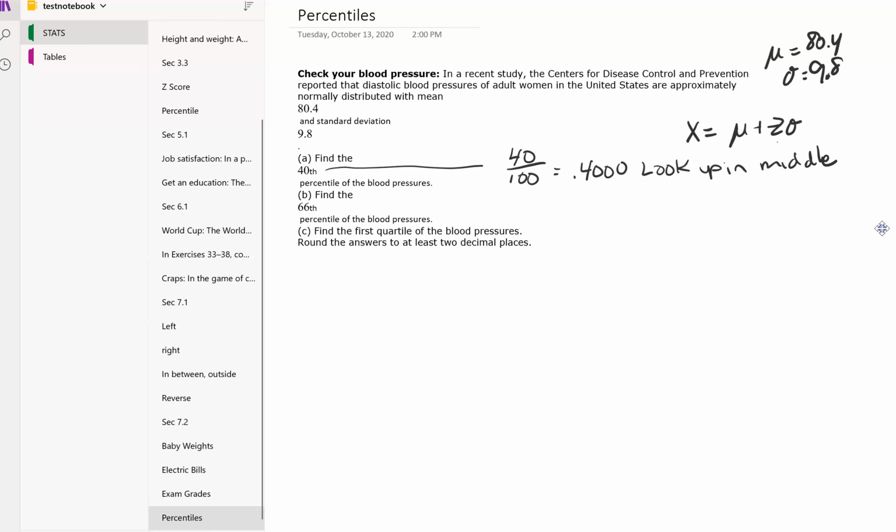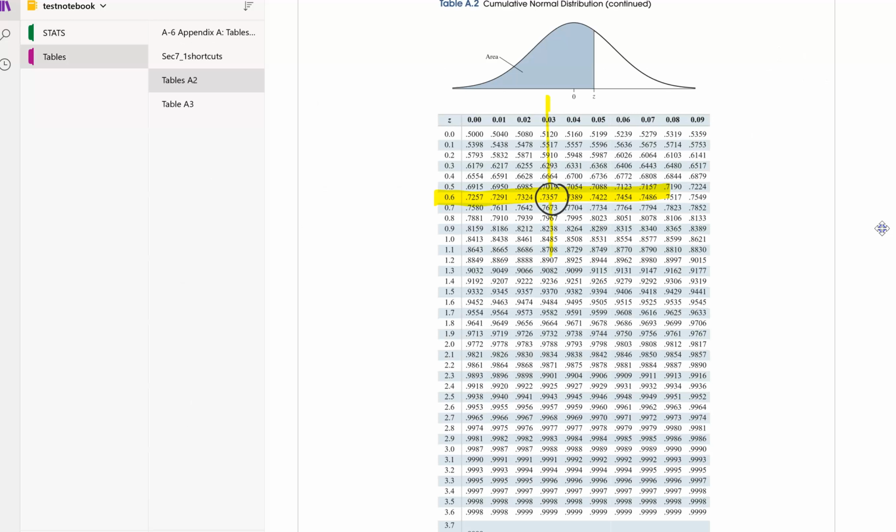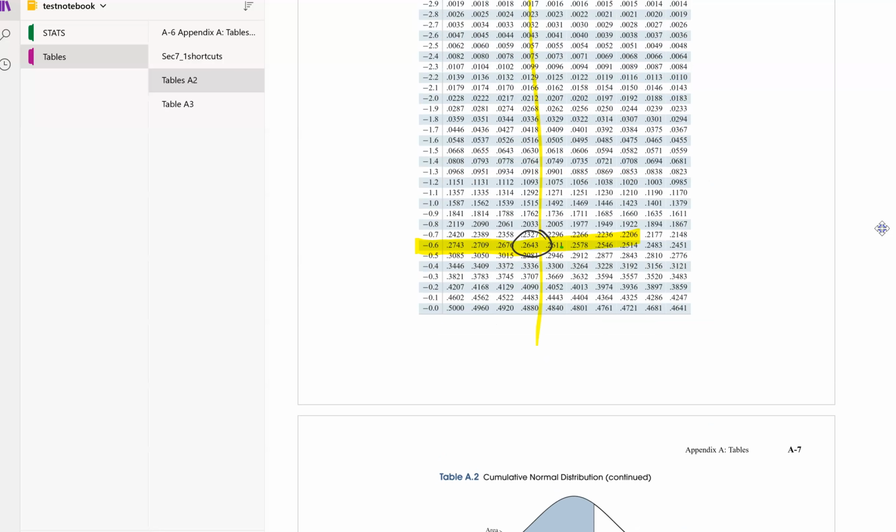So this is the backwards one. So I go to my table and I want to find 0.4000 in the middle. Looks like it's right here. So it's either 0.4013 or 0.3974. 0.4013 is closer, it's only 13 away.